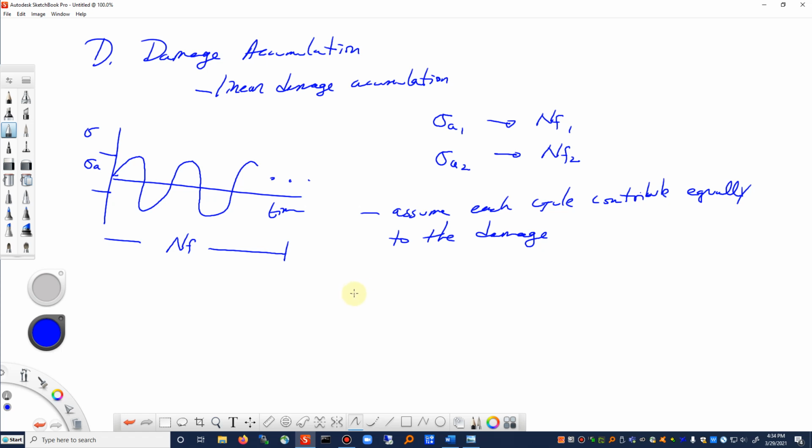All right, so if we have 1,000 cycles, then the damage added up to be 100%, or the damage is 1.